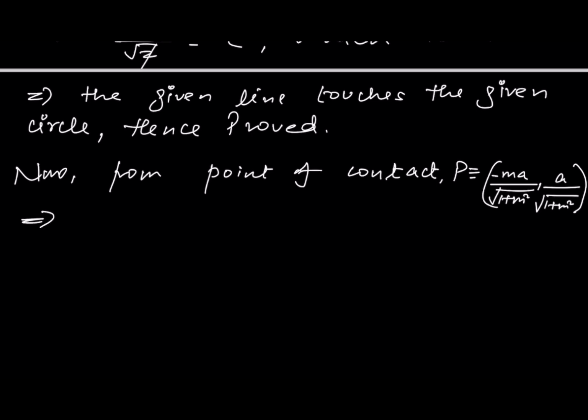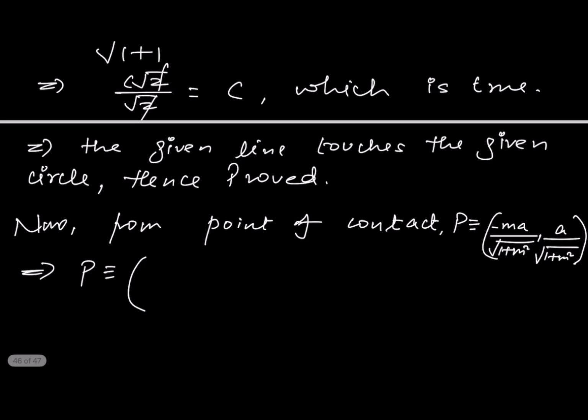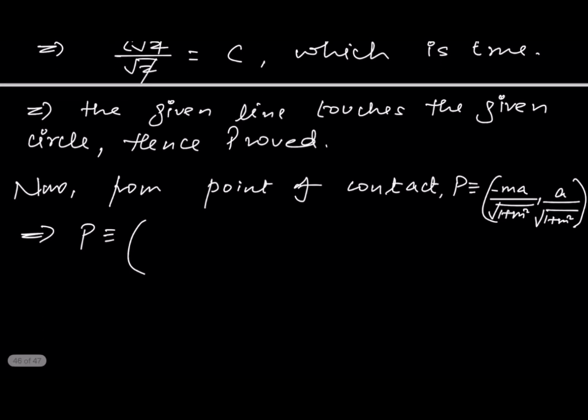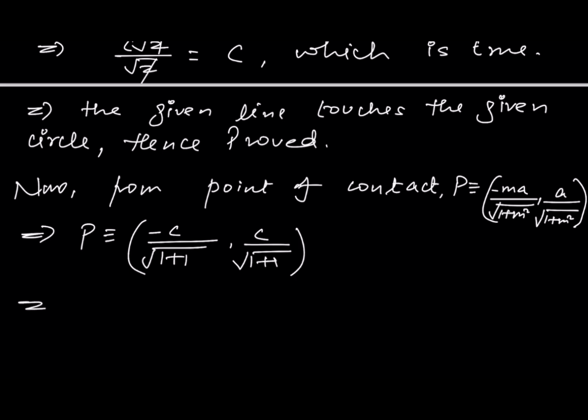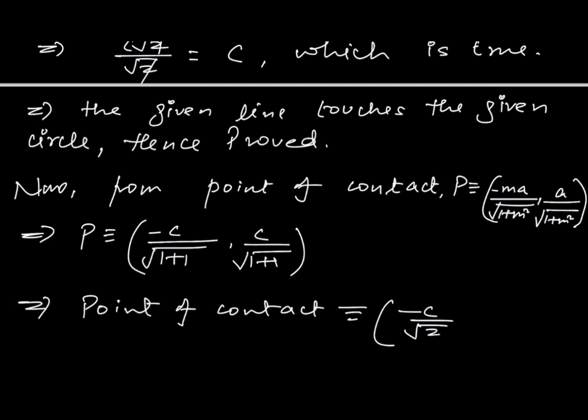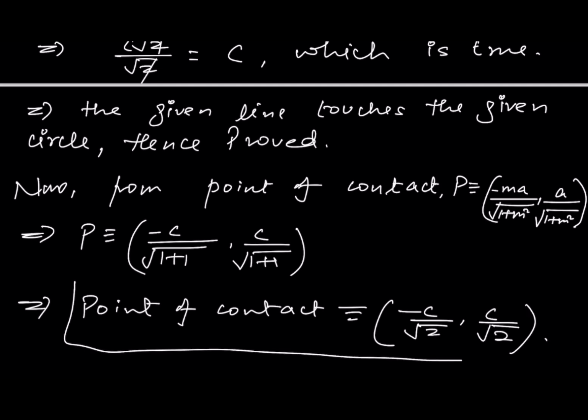In this case m is 1 and a is c, so P becomes minus c upon root over 1 plus 1 comma c upon root over 1 plus 1. So the point of contact is minus c by root 2 comma c by root 2, right?